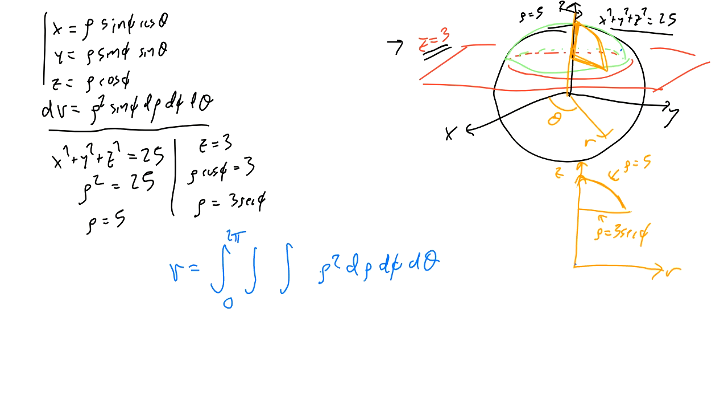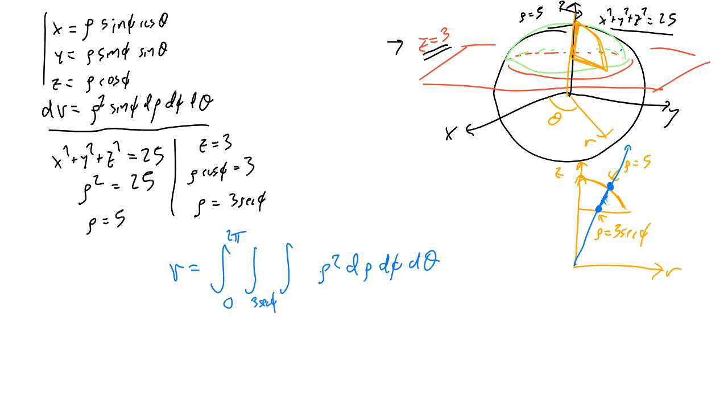Let's look at what rho does. Here's a radial vector coming out from the origin. That's the way rho measures. Rho measures out from the origin. Notice that it's going to enter the solid on the plane and then exit the solid on the sphere. So I'm going to enter when rho is equal to 3 secant phi.